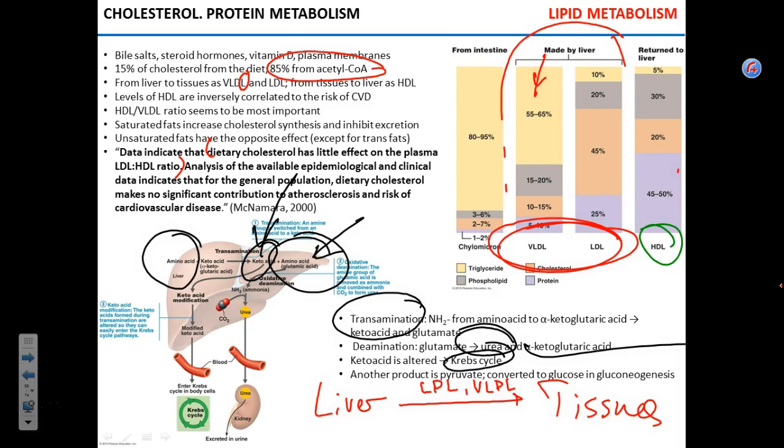That makes sense. And as you can see, dietary cholesterol makes no significant contribution to atherosclerosis and risk of cardiovascular disease. Again, I am talking about reasonable stuff. Like, I scared the living daylights out of you talking about diabetes, and I told you about the temple of diabetes.